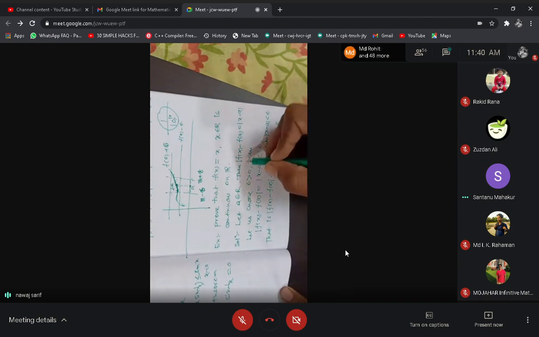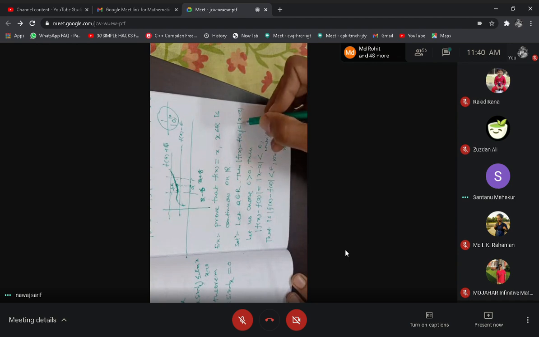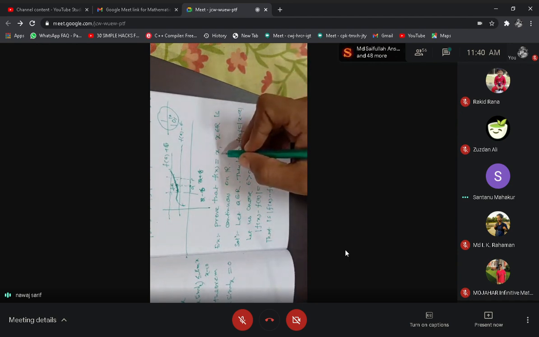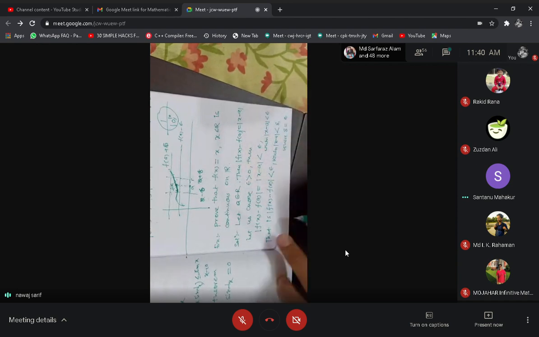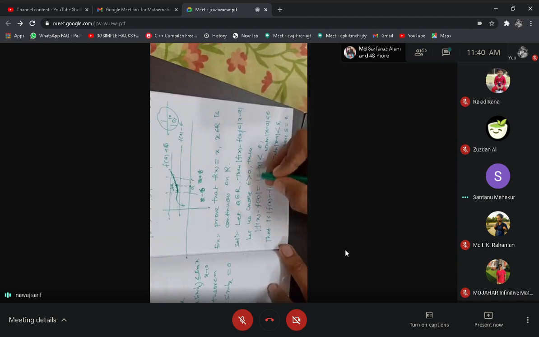So mod of f(x) minus f(a) is what? Mod of x minus a, since f(x) is x. This is our assumption, and let us choose epsilon greater than 0.